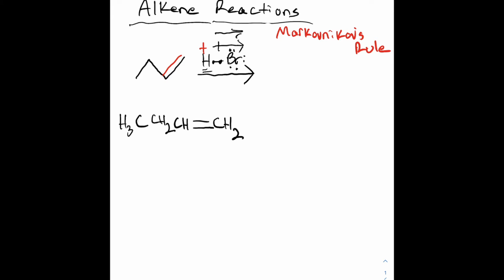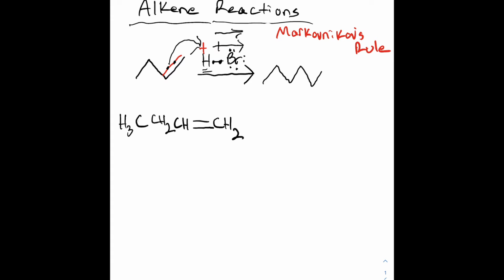So the two electrons of this double bond are going to be attracted to this positive charge. And as a result, a bond is going to form with that hydrogen.